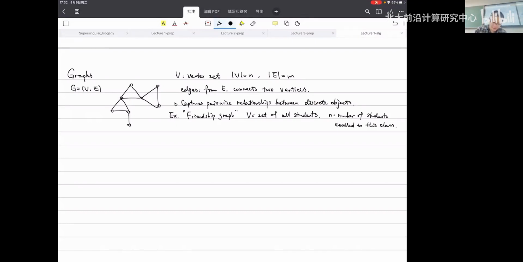And the m and the edge set here is defined as follows: there exists an edge between Vi and Vj if and only if the students representing Vi and Vj are friends.